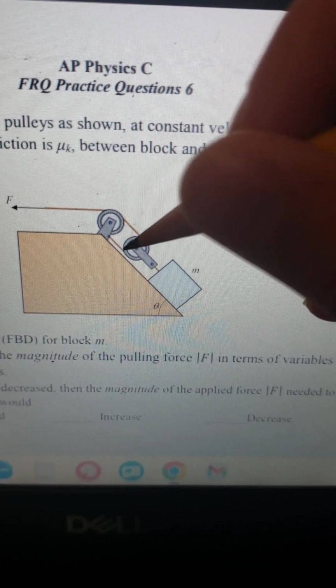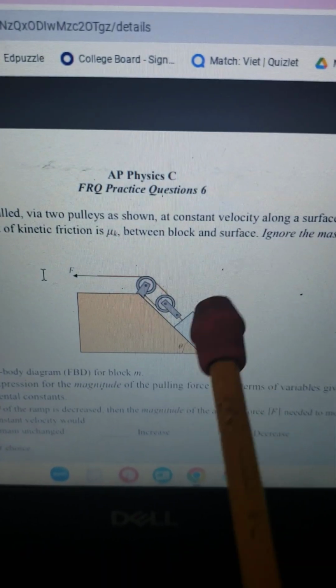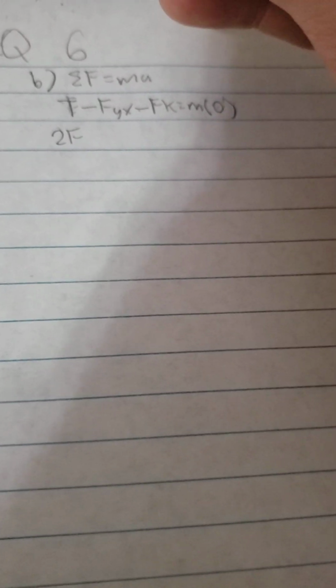That's what shows 2F, because there are two strings being pulled up when you cut this string right there. And I'm going to move this over to the other side.